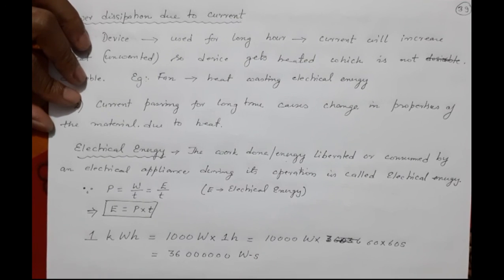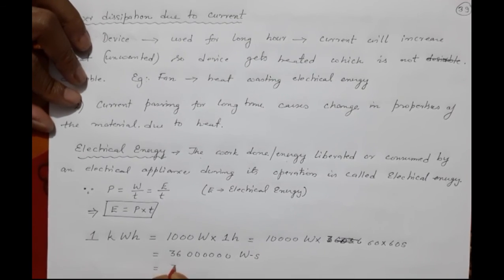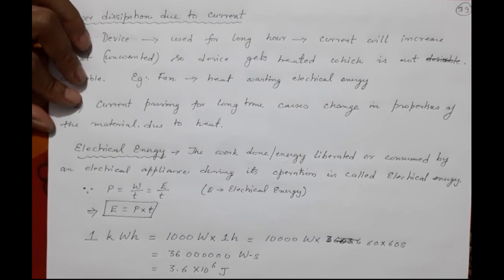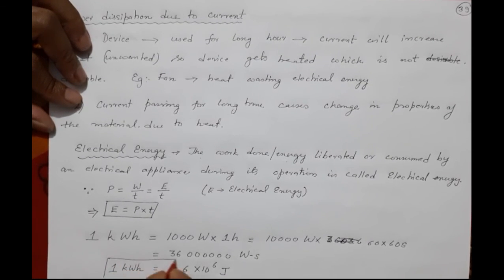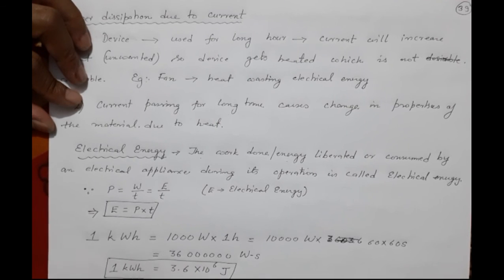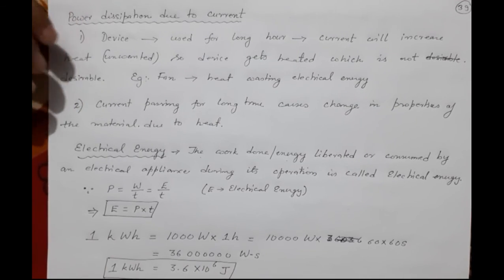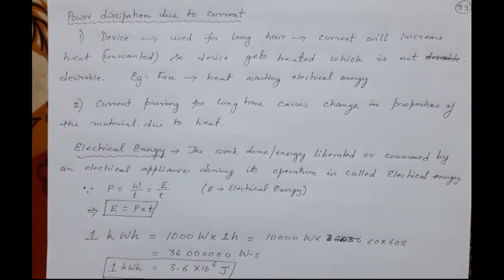This much is the energy. In short, I'll write 3.6 into 10 to the power 6 watt second. Watt second and joule are the same, it is the energy unit. So 1 kilowatt hour is 3.6 into 10 to the power 6 joule of energy. This is all in our chapter 3. Now the rest will follow from this.